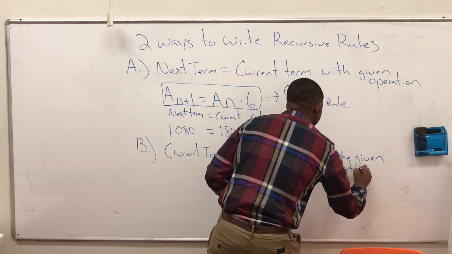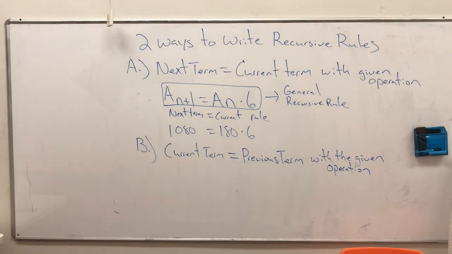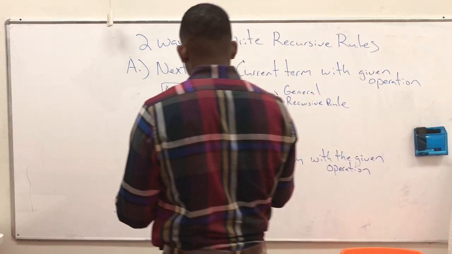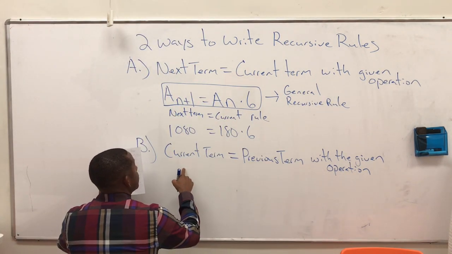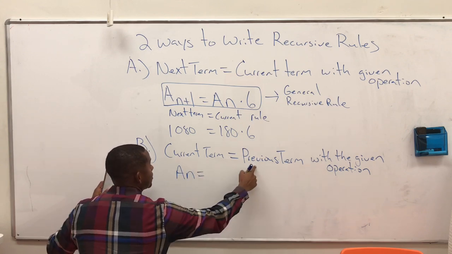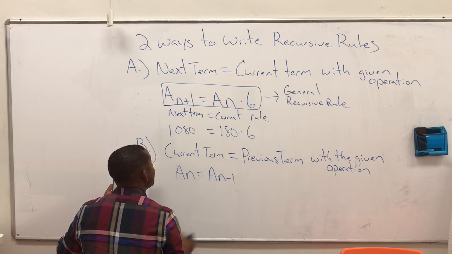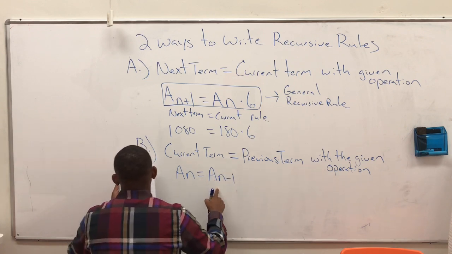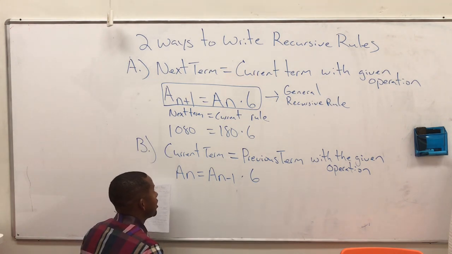Let me check, make sure I can see stuff. Okay? So in this case, I would take the current term, which we always know is called a sub n, and that equals the previous term, which we said is always a sub n minus 1, right? That's the previous term, times our operation, in this case times 6, because that was our rule.